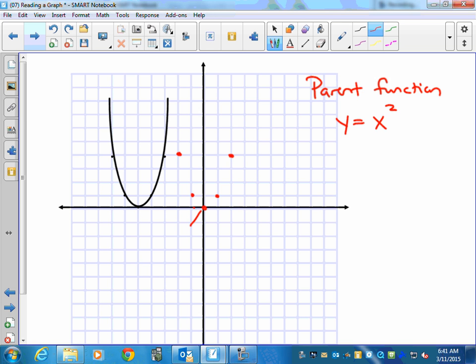And we always want to start with and identify where did the 0, 0 point move to. Okay, we can see that this point has moved left 5 spots. Okay, so we have our left 5 movement.